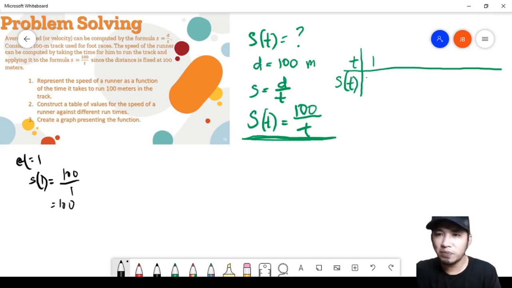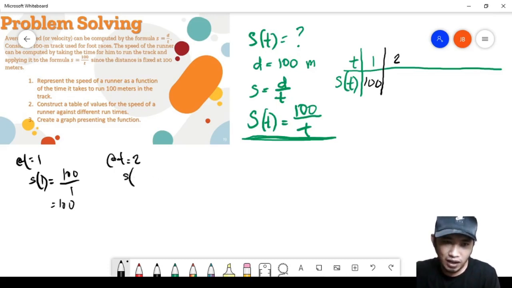So meron daw speed na 100. Mabilis. Okay. At time is 2. Second pa lang pinag-usapan natin yan, ha. At 1 second, 100 ang speed niya. At 2 seconds, s of 2 is equal to 100 divided by 2. And that is equal to 50.